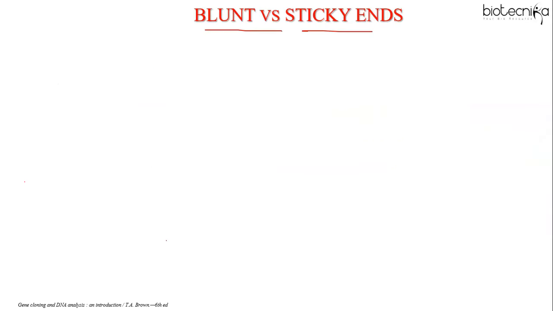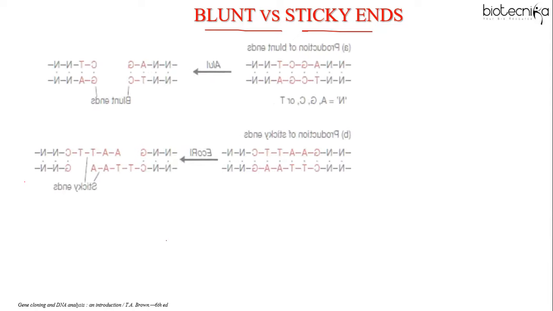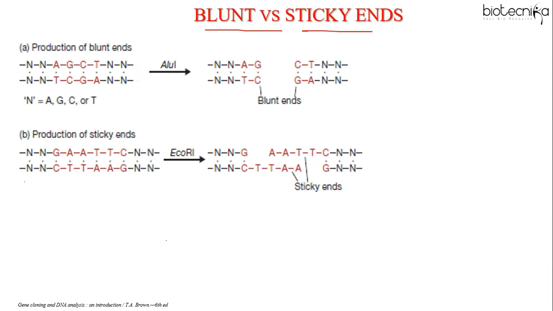Now what are blunt and sticky ends? Let's take an example of enzyme AluI and EcoR1. AluI recognizes a 4 base pair sequence and EcoR1 recognizes a 6 base pair sequence. Kindly note these are palindromic sequences. So type 2 restriction endonucleases recognize palindromic sequences, which are sequences that read the same in the 5' to 3' direction on both the strands of DNA.